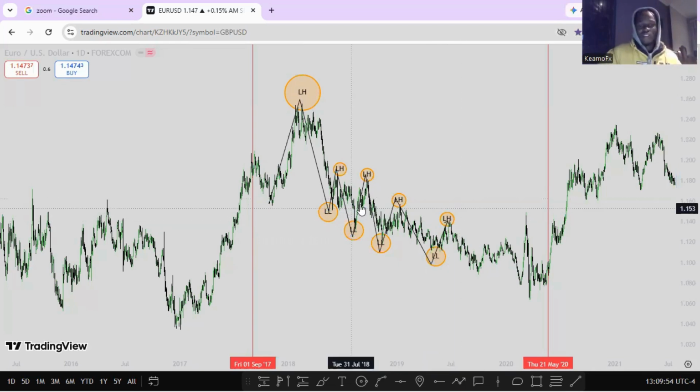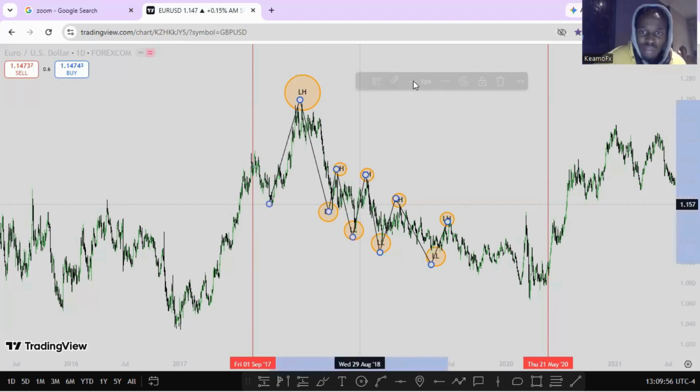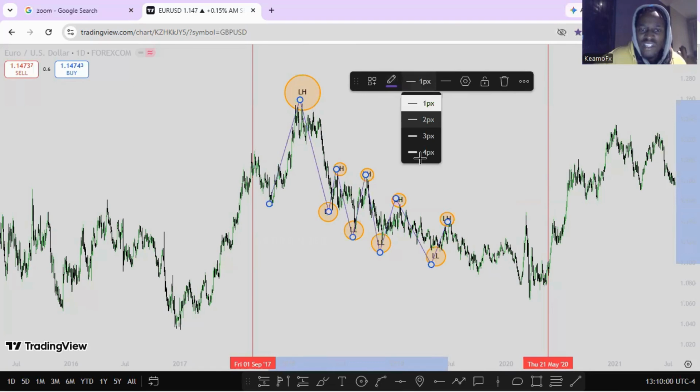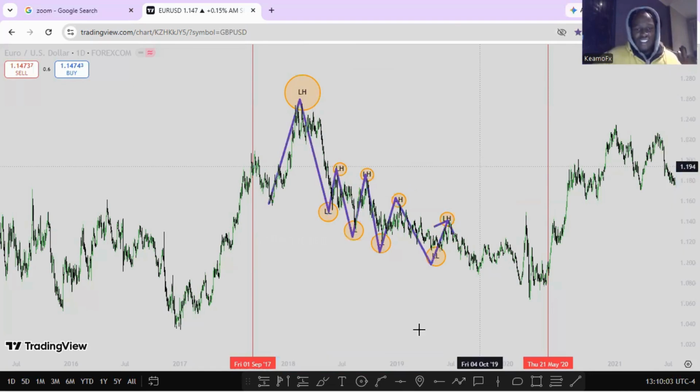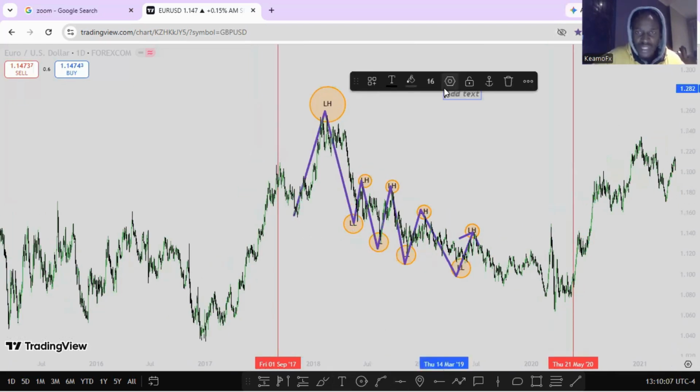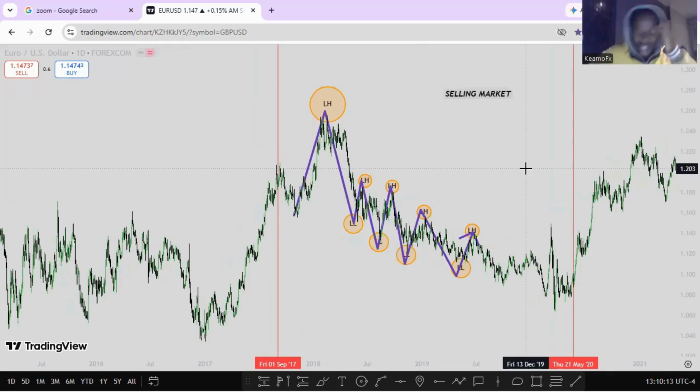And this is what it looks like. Let me change the color and make this bigger so you can see. Maybe turn it into purple. Let me make it 4 times bigger, right? And that for me would determine a selling market in this current time period, right?